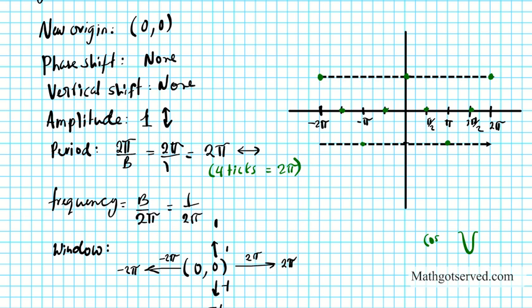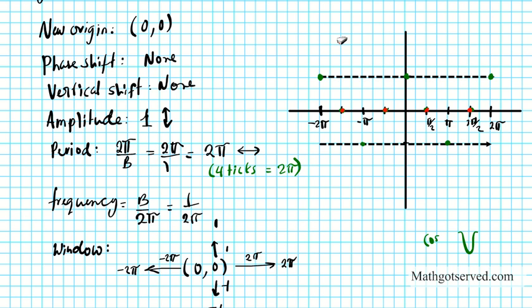Okay? The only points we care about are the points where it intersects the x-axis. So this point right here intersects the x-axis, here, here, and here. Okay? So anytime it hits the x-axis, that means cosine is 0. So there we are going to have a vertical asymptote.